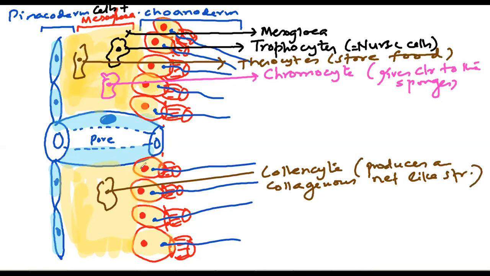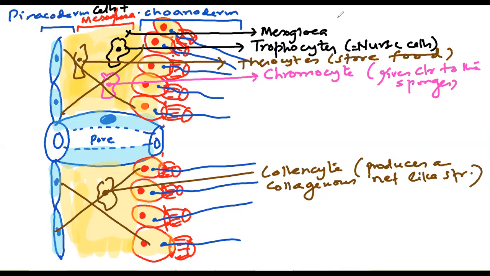So what these collencytes will do, they will produce what? This network. So this is your collagenous structure, and this net-like structure is produced by collencytes. So what will happen? They are tying the outer and inner layer together. So now the outer and inner layer cannot be removed.